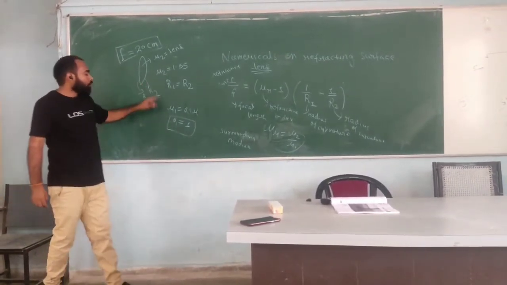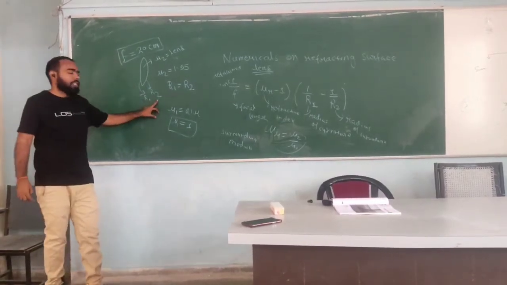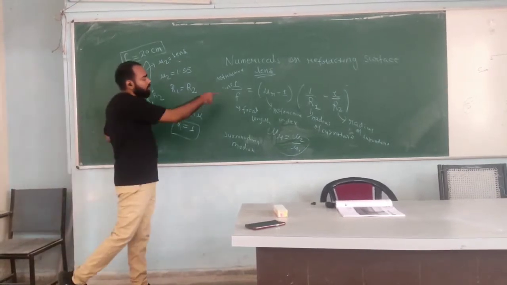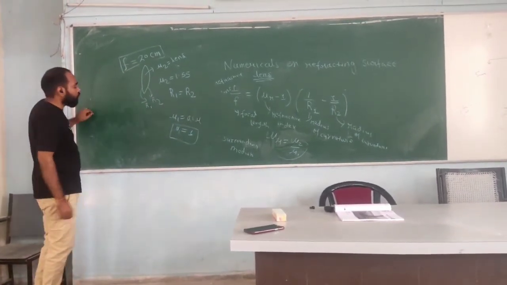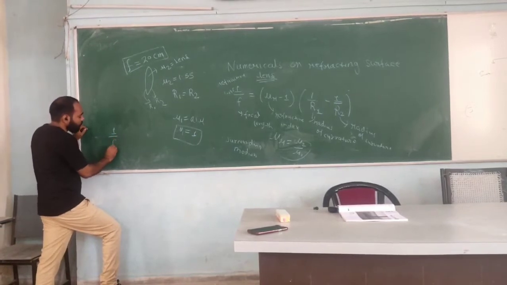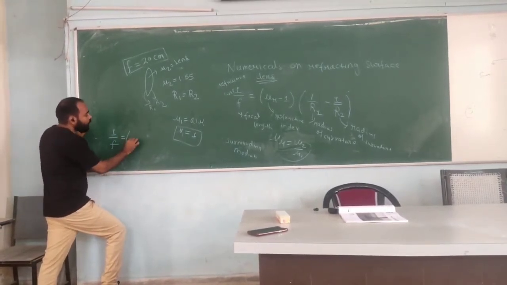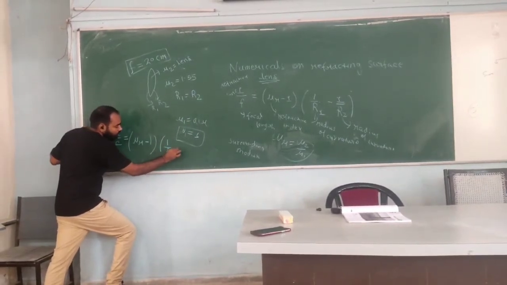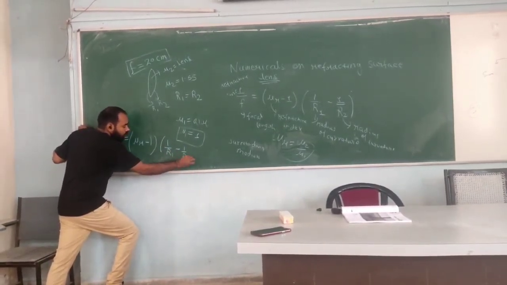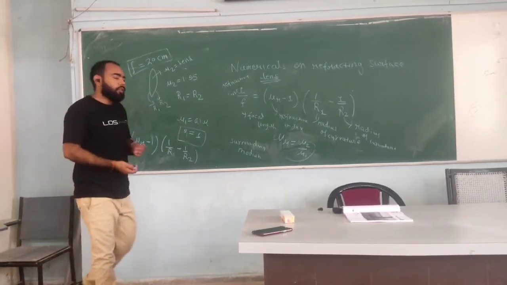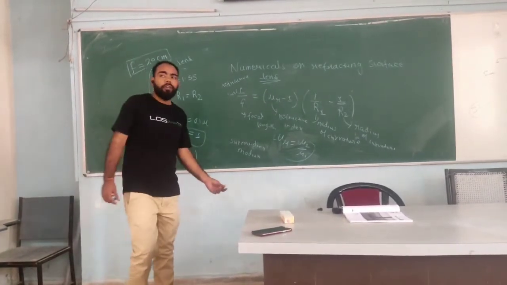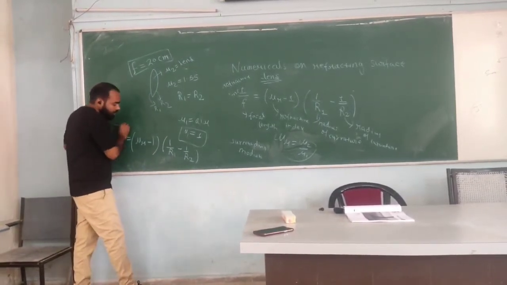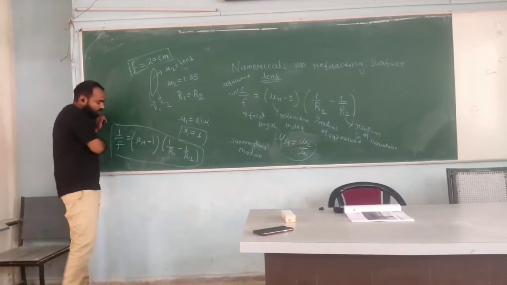Mu2 we have got, mu1 we have got, R1 and R2 are the same, but we have to find it out. The focal length is given, so we will put these values in the lens maker formula: 1 upon f is equal to (mu r minus 1) into (1 upon R1 minus 1 upon R2). Just as in the mirror equation or lens equation, we put the values with the help of sign convention; we do the same thing here.